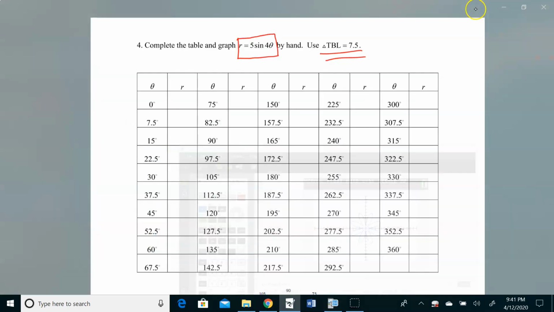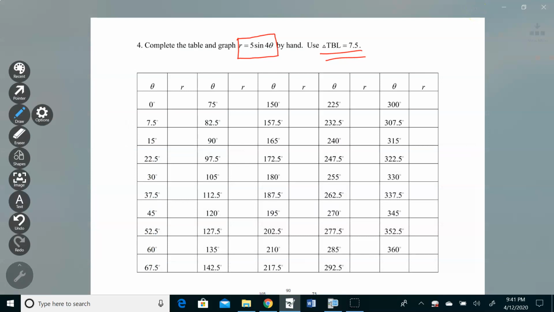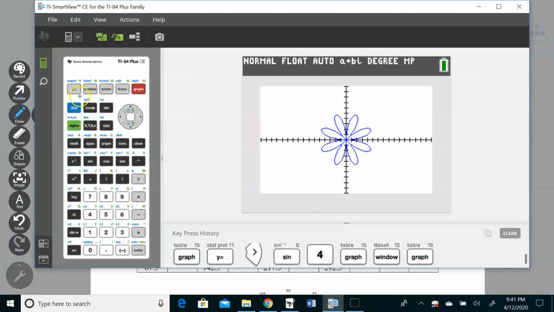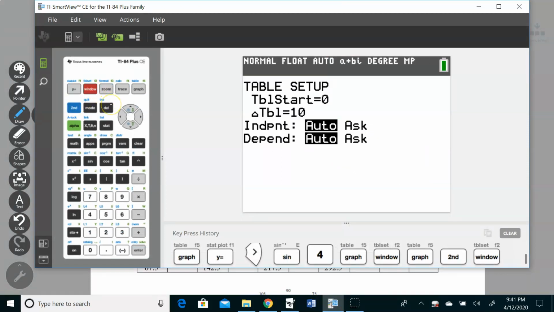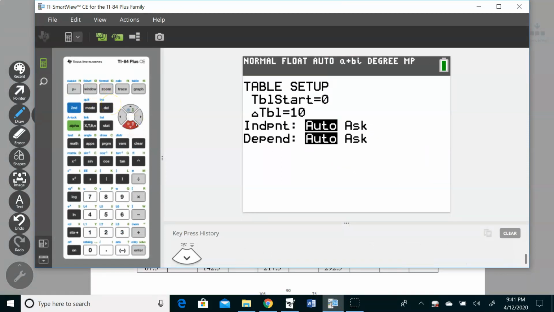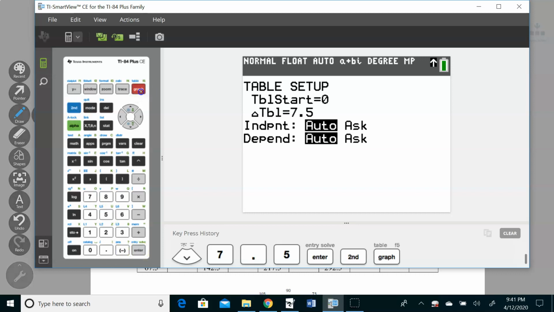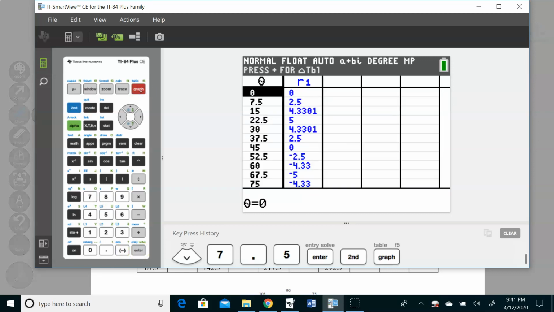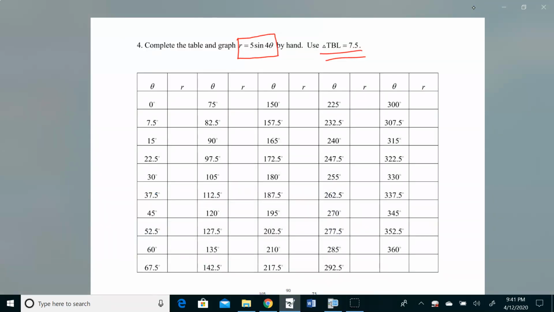Well, if you notice, I changed my delta table to 7.5 for this table. So when I do this on the calculator, when I go to second window, I have to change this. Instead of delta table being 10, it's got to be 7.5. And then I'm going to do second graph. I see this whole table, and I'm going to put this into this table when I pause the video.